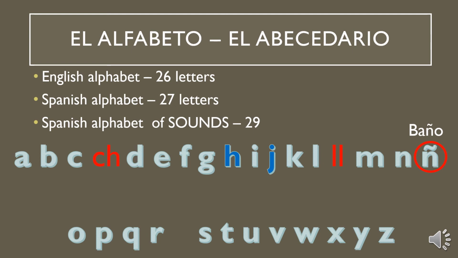Anytime you see 2 L's together, it makes a Y sound or a J sound, depending on the country you are in. For example, the word for she is ella, or eja, but never, ever, Ella.